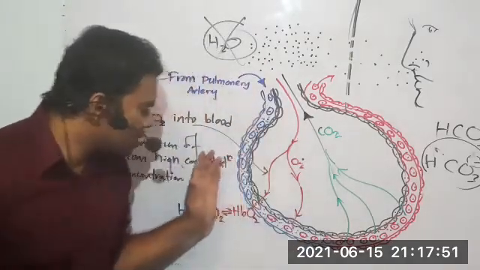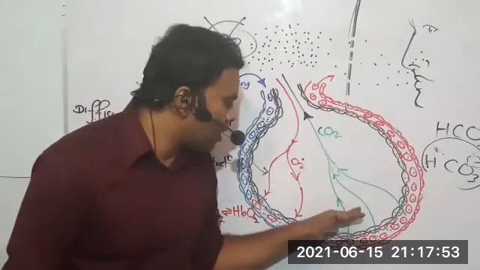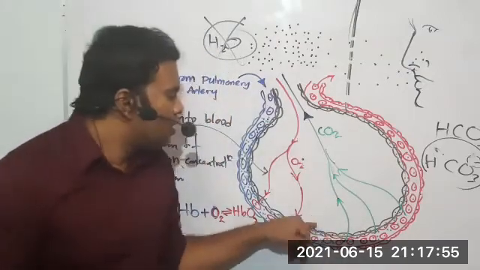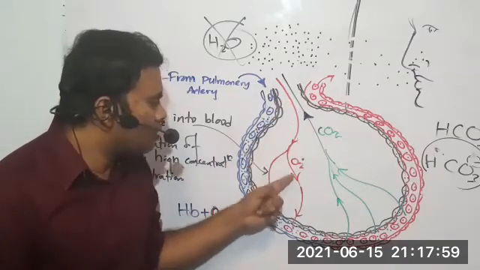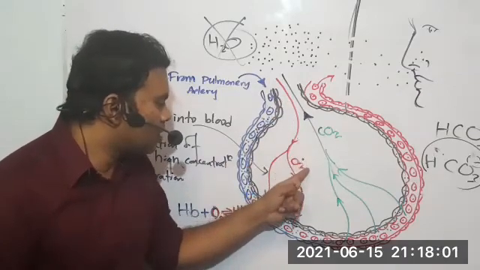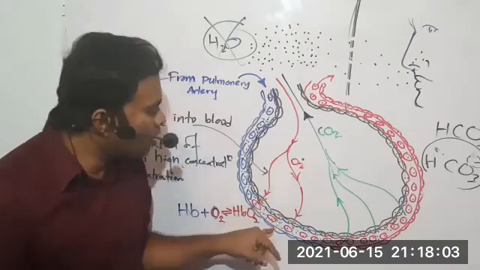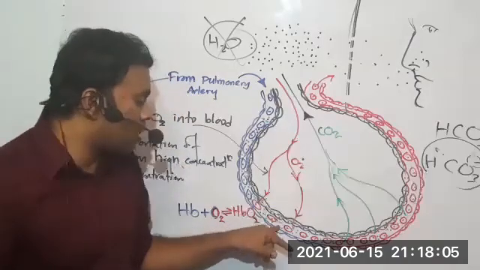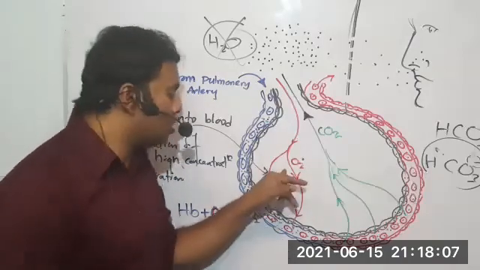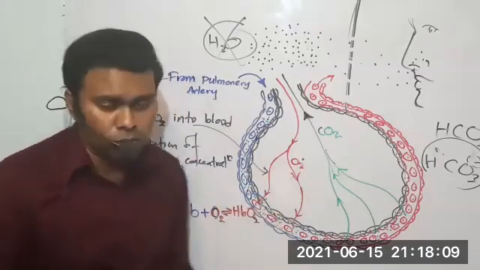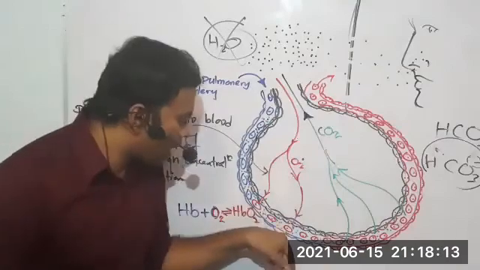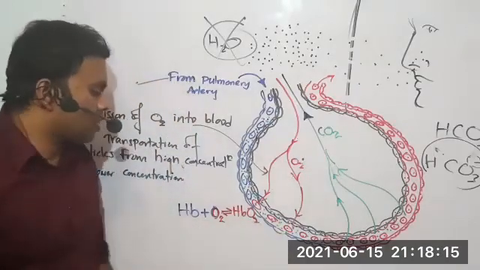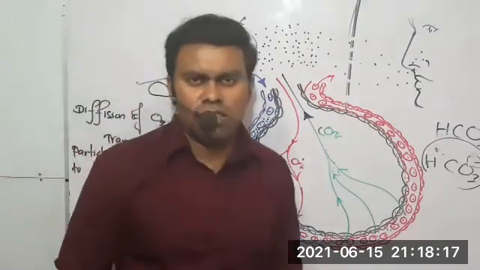When blood capillaries go closer to the alveoli, in inspiration the inspired air contains a higher concentration of oxygen than the deoxygenated blood. Then what happens? Oxygen starts to diffuse into the erythrocytes, that means into the blood, making oxyhemoglobin. That is what happens in inspiration.